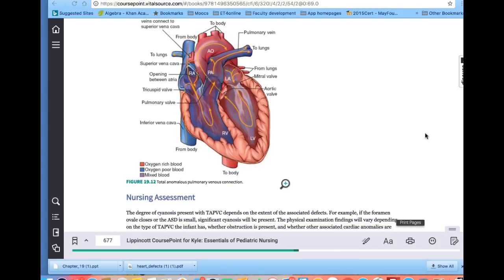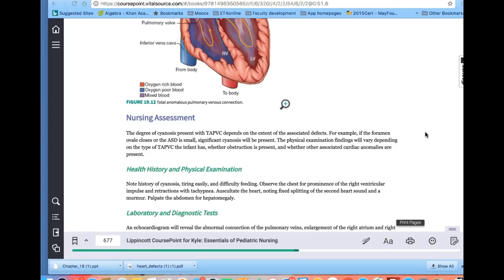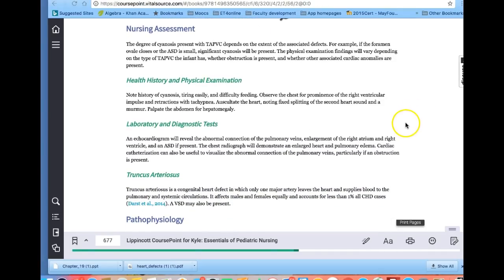And this has to be fixed pretty quick. You're going to see cyanosis. You're going to see poor feeding. It's going to be pretty obvious. Okay, and again, surgery is how we're going to fix this.